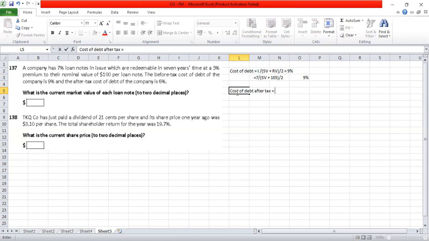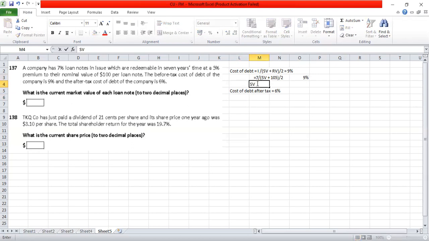Is the tax rate given? No. So after that, this is given to us as 6%. So SV can be substituted.